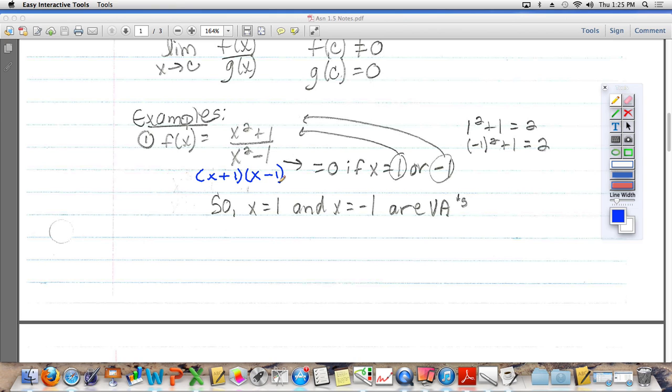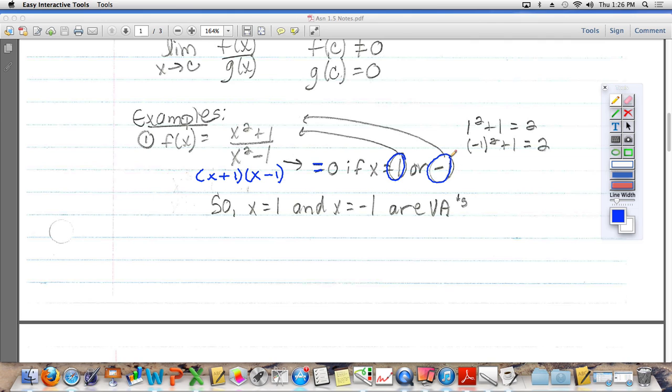So that means there might be an asymptote at one of those values, or maybe both. I put a little note here: x squared minus 1 equals 0 if x equals 1 or if x equals negative 1.